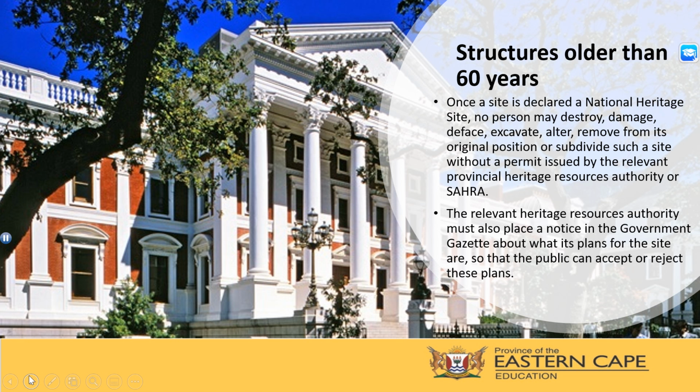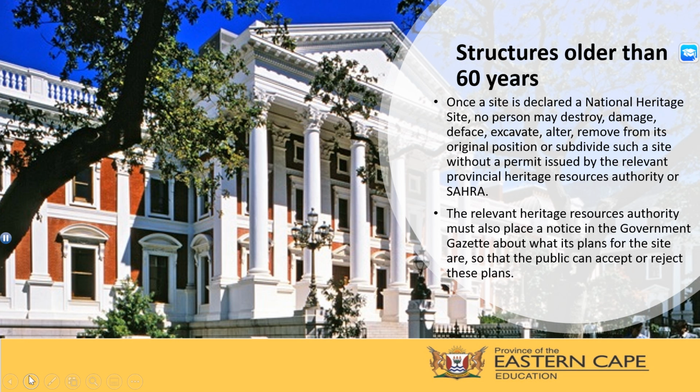At the same time, the relevant Heritage Resources Authority, that would be the Provincial Heritage Resources Authority or the South African Heritage Resources Agency, must place a notice in the Government Gazette.